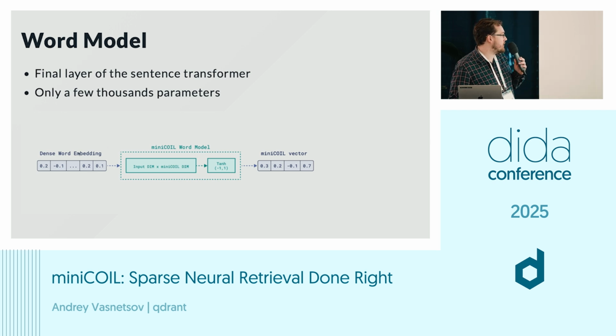So this dense word embedding is coming from something like SBERT, and it goes directly into our miniCOIL word model. It's, again, a very simple thing. It's just one linear layer with the activation, which gives us this basically dimensionality reduction from big embeddings into small embeddings.